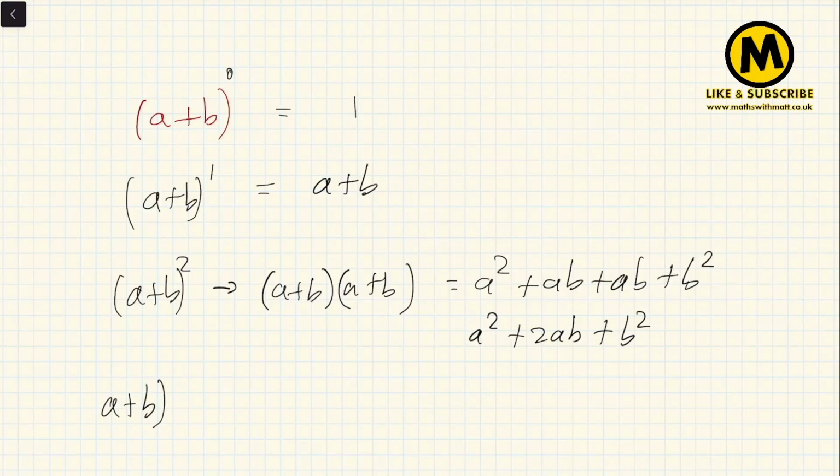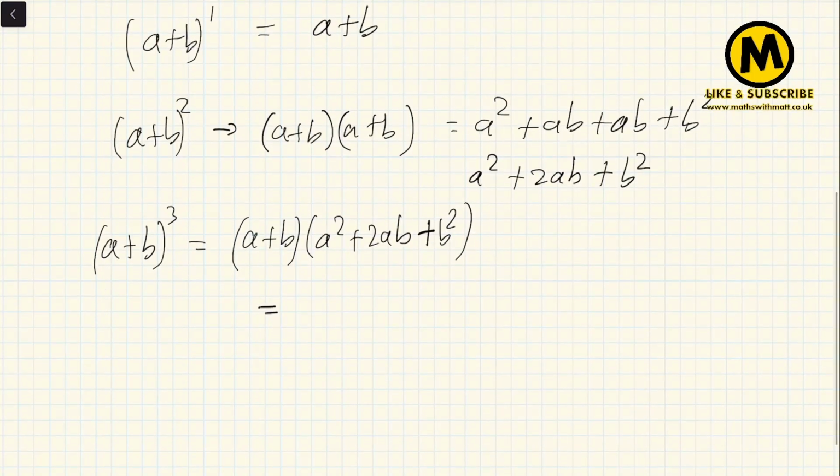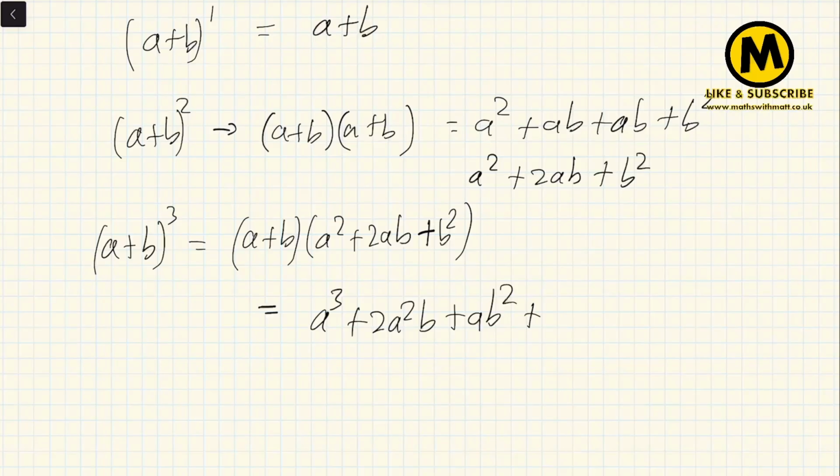A plus b cubed would be equal to a plus b multiplied by a plus b squared, which is a squared plus 2ab plus b squared. And that's going to be equal to, we multiply through by the a first, a cubed plus 2a squared b plus ab squared. Now we multiply through by the b: plus a squared b plus 2ab squared plus b cubed.